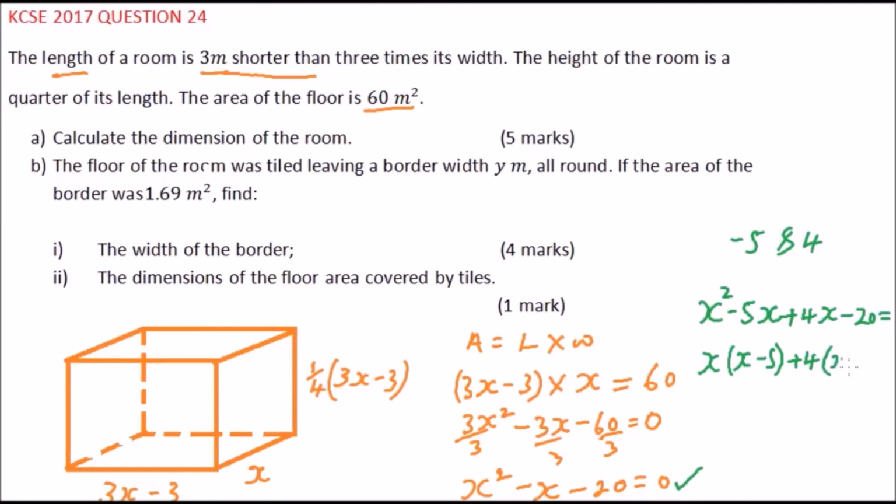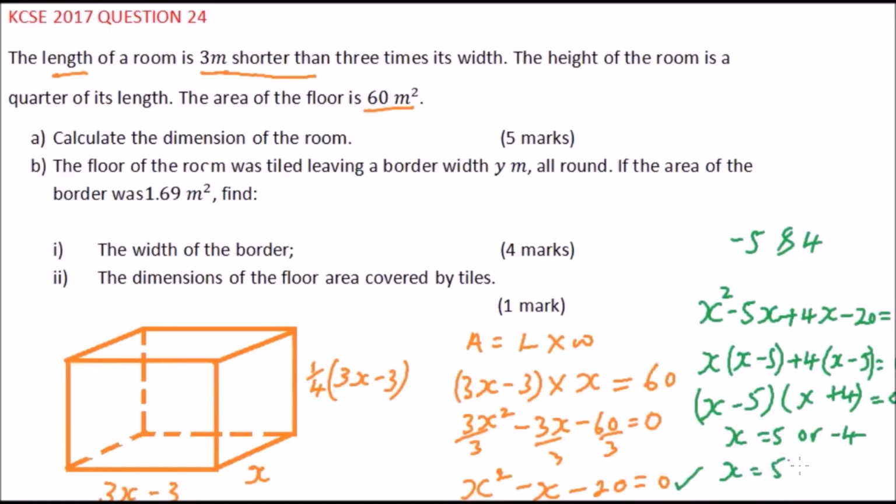This will give us x minus 5 is equals to 0. Now we can have x minus 5 and x plus 4 is equals to 0, implying x is equals to 5 or minus 4. But we know length is a quantity, it cannot be negative, so x is equals to 5.